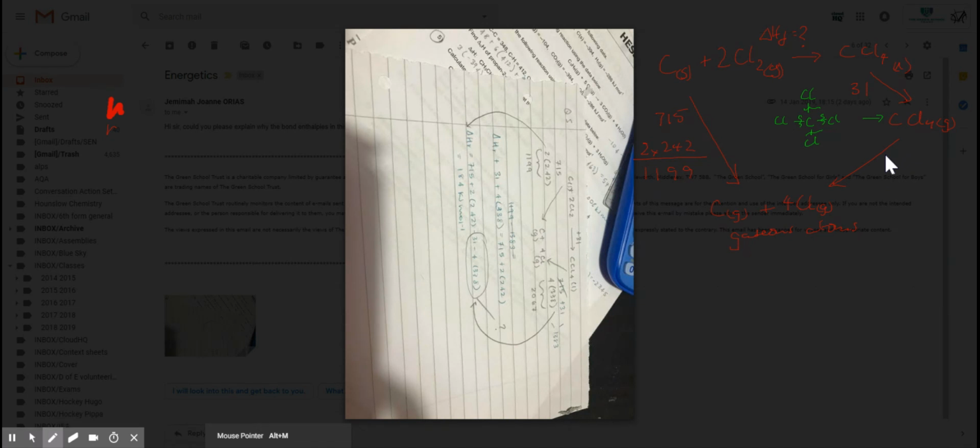Each of those bonds is 338, and we've got 4 of them. So we're going to have to say 4 times 338, and that comes to 1352. So it takes us 1352 kilojoules to break those bonds in the tetrachloromethane to end up with our gaseous atoms.